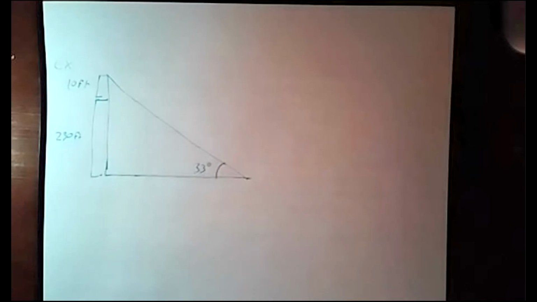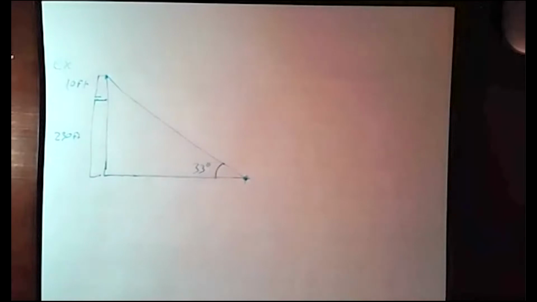So the guy wire is 10 feet from the top. What do they want to know? How long should the wire be? So they want to know the length from here to here, right? So basically they want to know the hypotenuse. But we're missing one side and the hypotenuse.